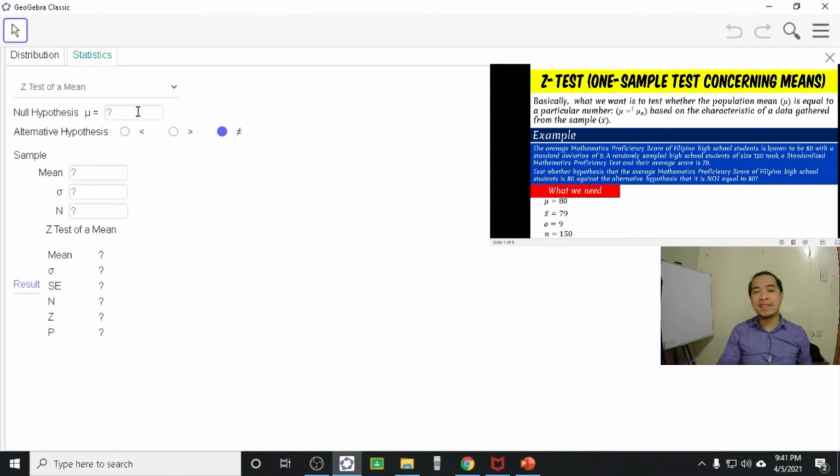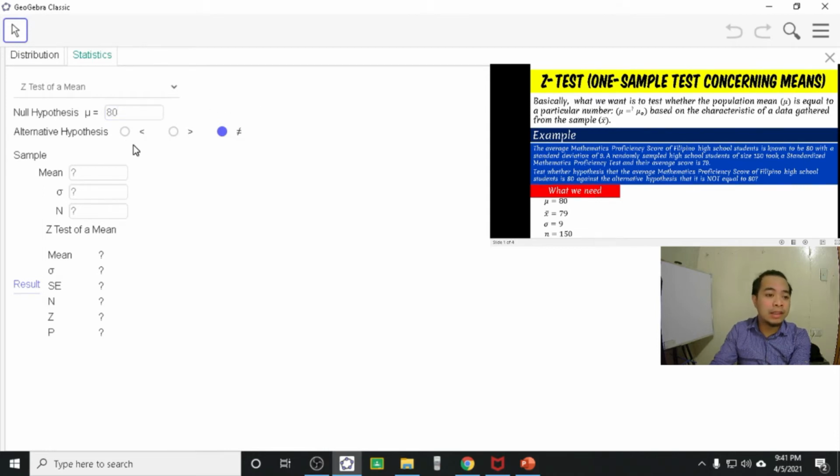That is the first step in hypothesis testing. We identify the null hypothesis, and that statement is a statement on the equality of the population mean and what we are testing. Mu is equal to 80. The population mean is equal to 80. That is what we are testing.